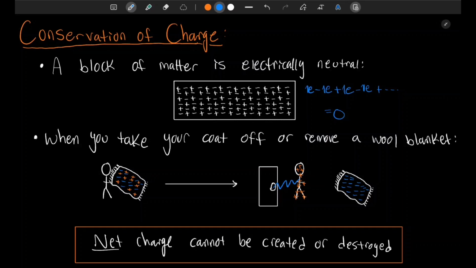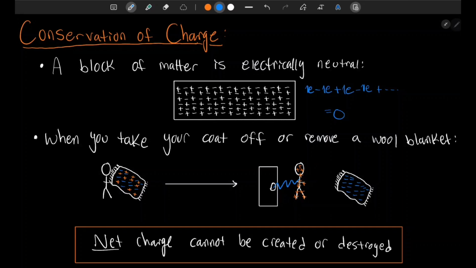And when you lay on the carpet and then move away from it, there's some friction which is created, and that friction causes the motion of electrons from your body to the blanket. If you look on the right of this image, if you then walk away from this blanket and touch a metal doorknob, you get shocked by the doorknob.